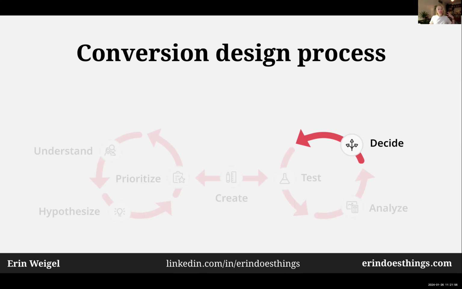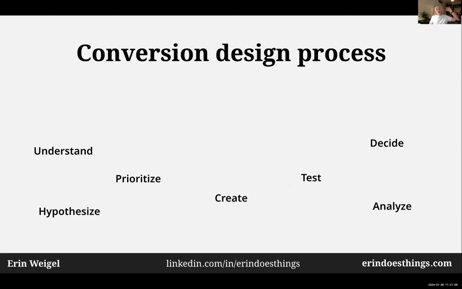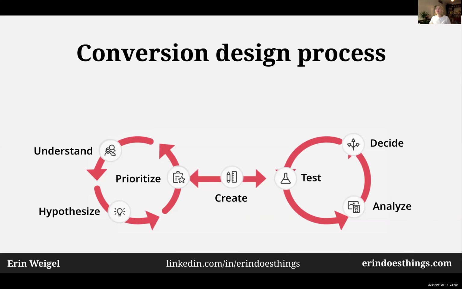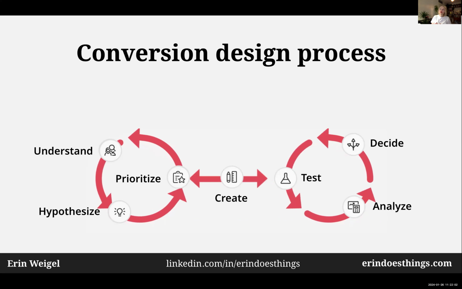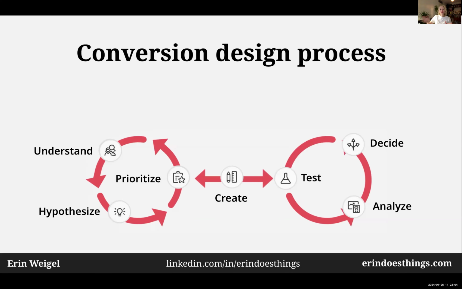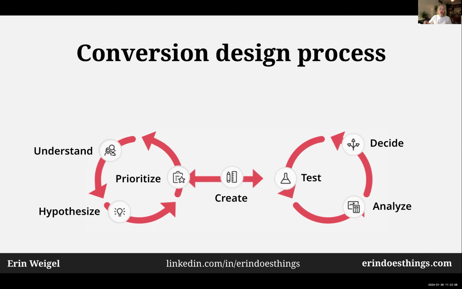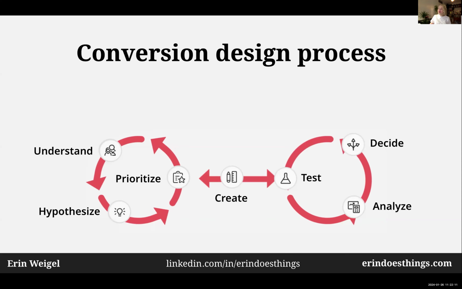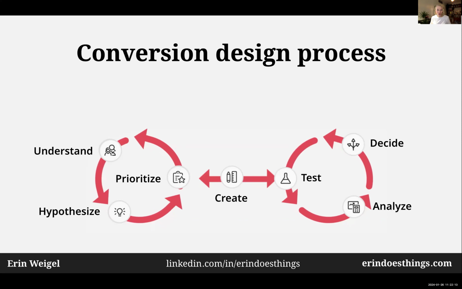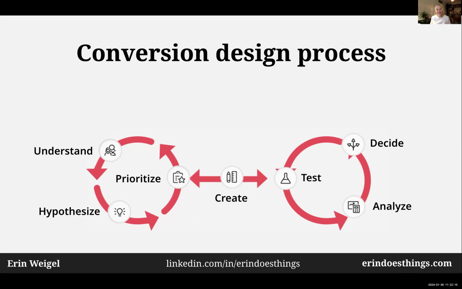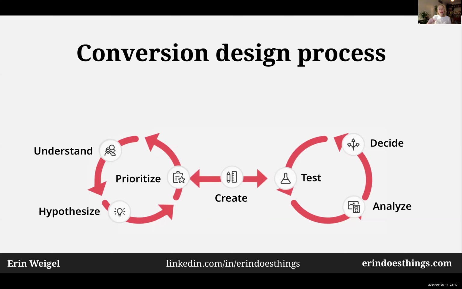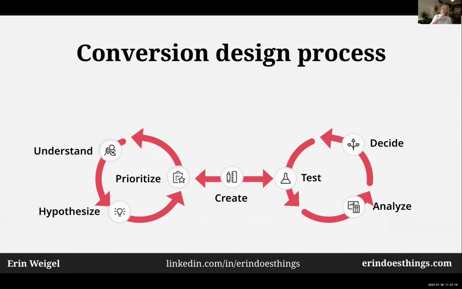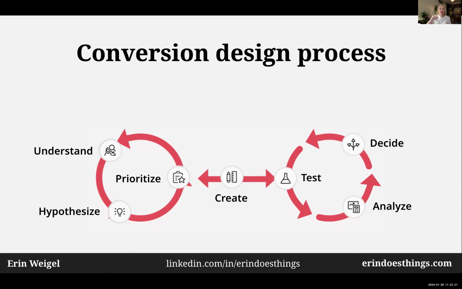And if you blow a little bit of life into it, you can see that the conversion design process is actually working like a machine, and it can go forwards and backwards. So again, sometimes when you're aiming to make things better, it's so common that you accidentally make things worse first, right? So you can go forwards and backwards, or you might need to start again to learn something else before you go back to create something.